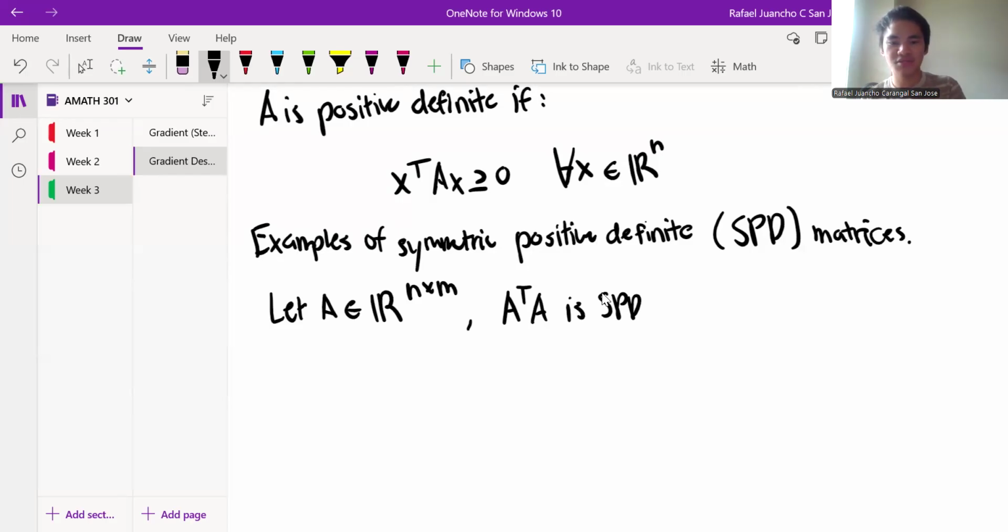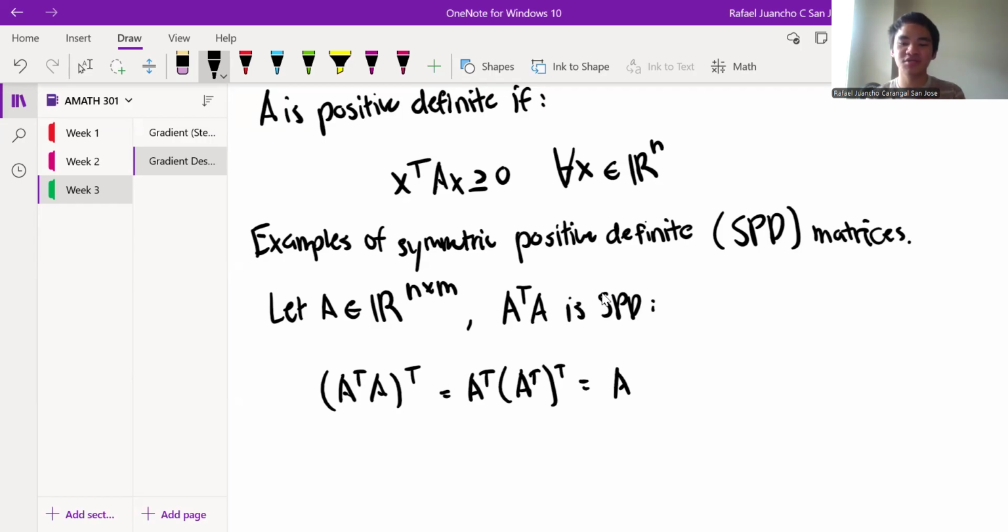Right? And so we say that A transpose times itself, when we take the transpose, we get this. If we transpose it, then transpose it again, we just get itself, right?